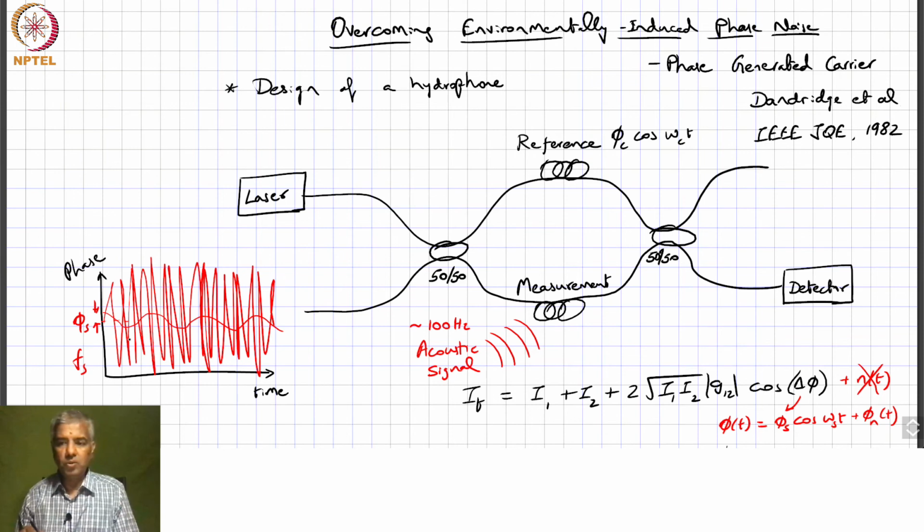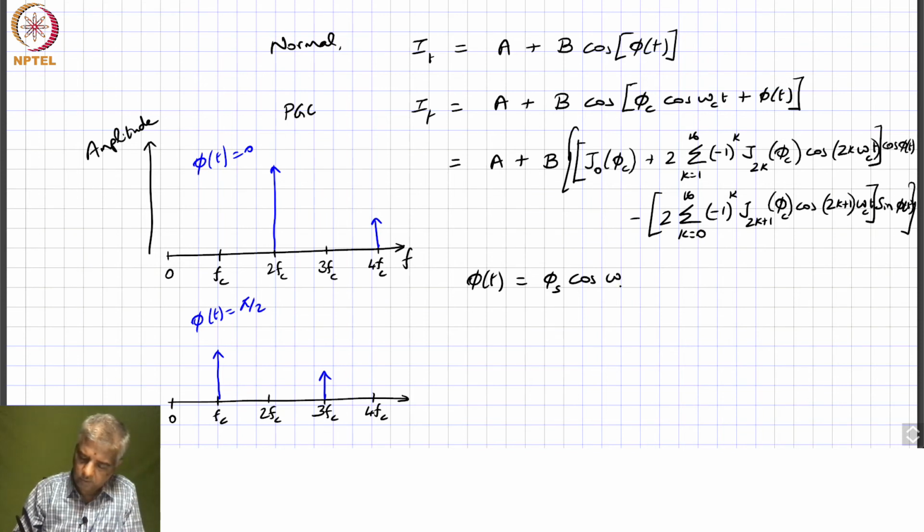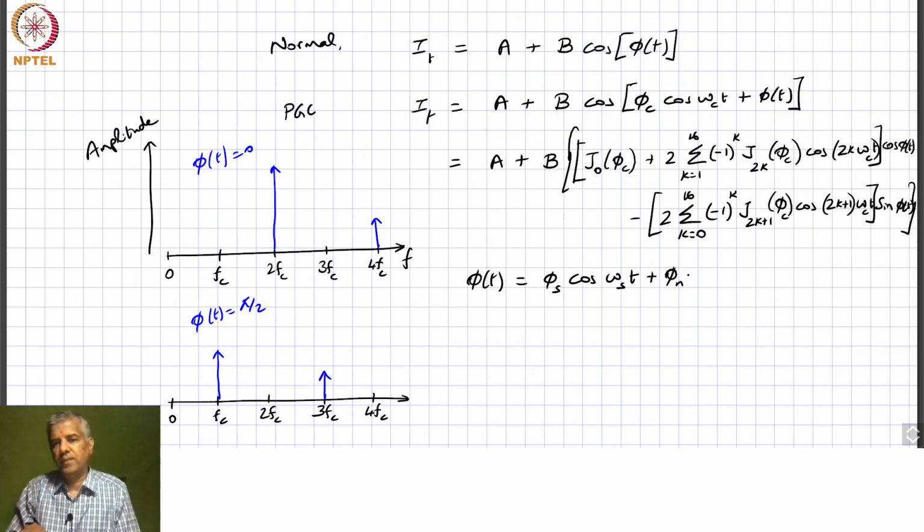So, we need to essentially find a way to extract this phi s from the noise. So, phi of t can now be expressed as phi s cos of omega s t, plus phi n of t, right.